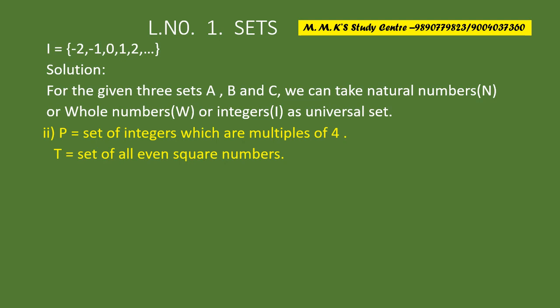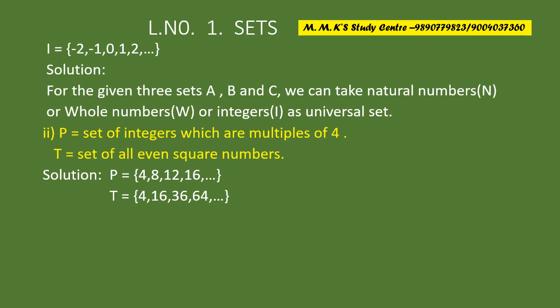For example, 2 squared is 4, then 6 squared is 36, 12 squared is 144. So your square should be an even number. So we will write in the solution: P set is the table of 4 and T set is the even squares. So 4, 16, 36, 64, these are the even squares.